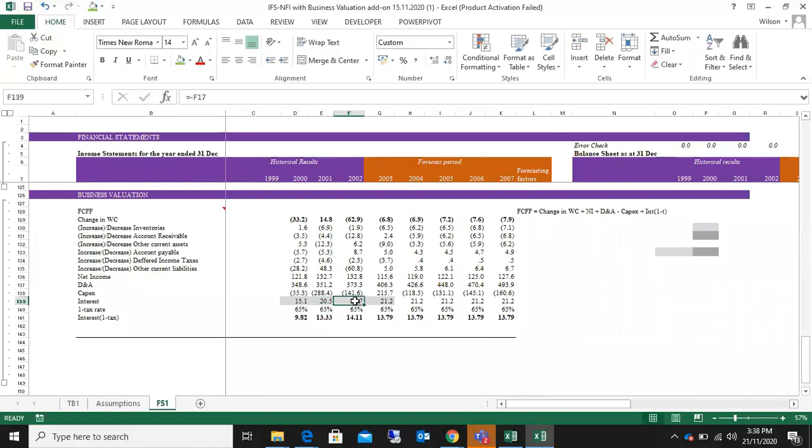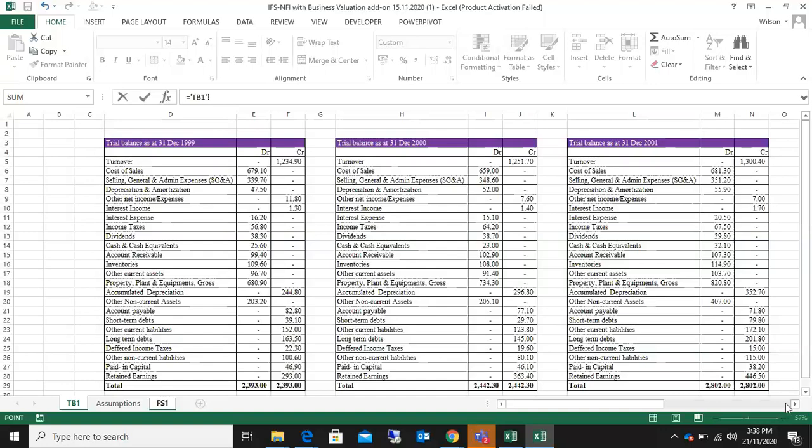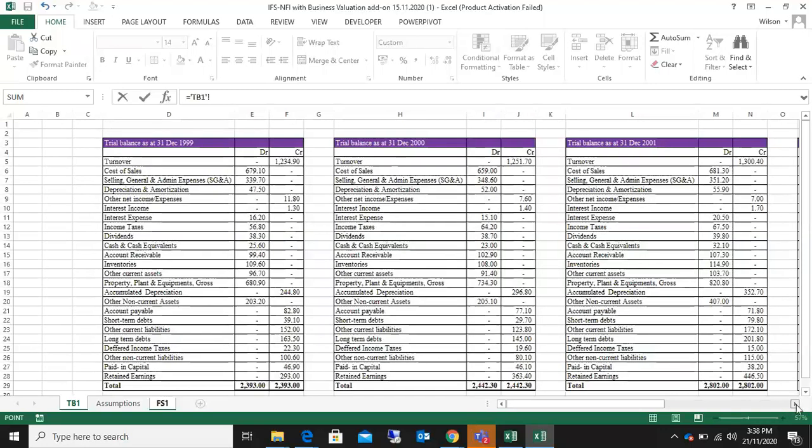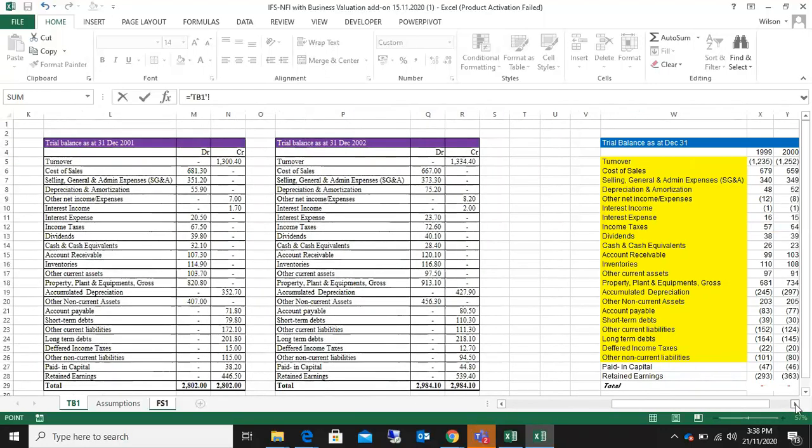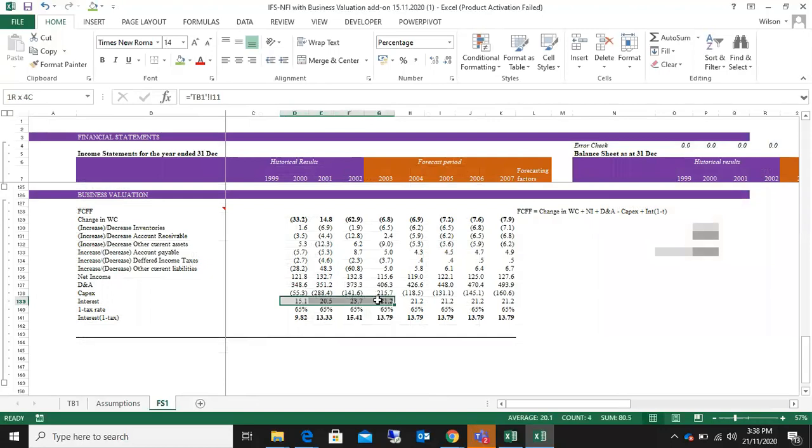Interest expense for 2002 is 23.7. So this makes sense because now we are using interest expense for the historical years, and we're also using interest expense for the forecast period, not interest income.